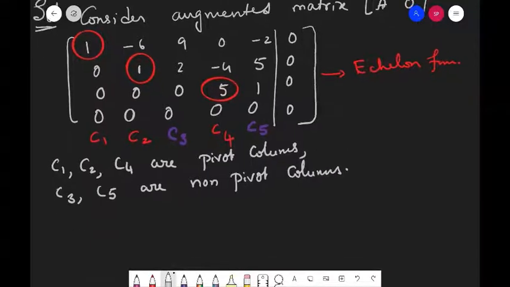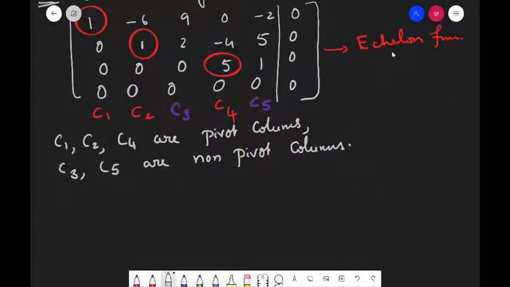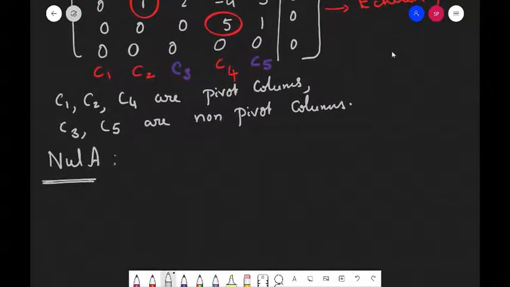Now let us come one by one to null A. We want first the basis for null A. For null A, what do we have to find out? From the pivot columns, we need to know the basic variables and free variables for null A.